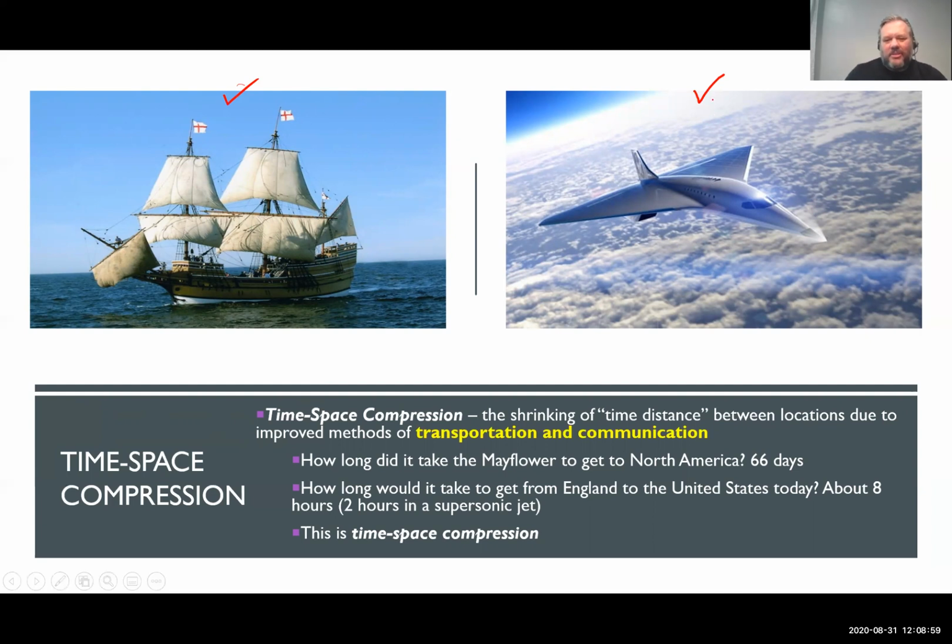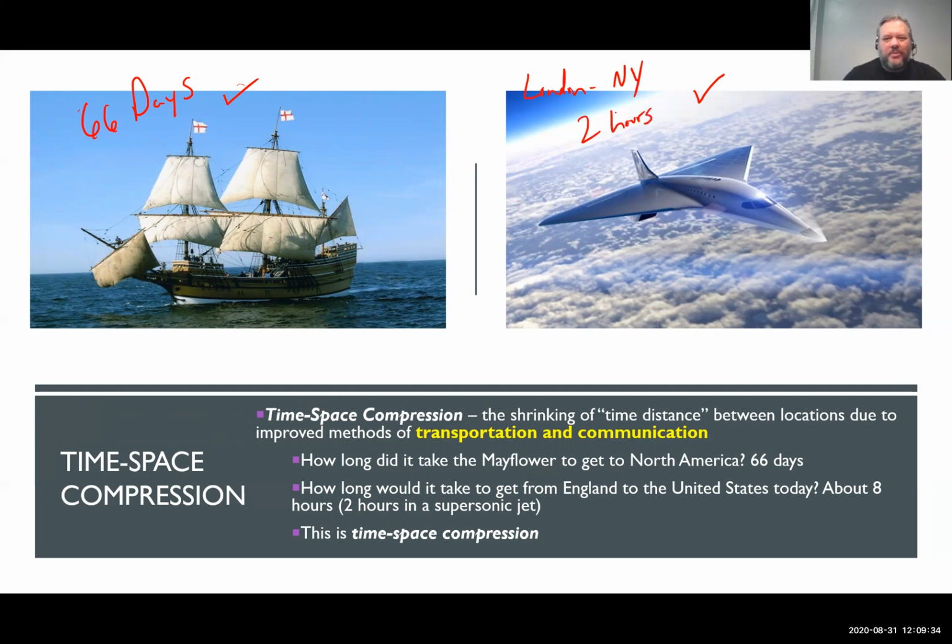When we talk about time-space compression, if we go back to the year 1500, for this ship to get from England to New York, it took 66 days, so a couple of months. Today, Virgin Atlantic has this plane that, if it's successful, will get from London to New York in 2 hours.